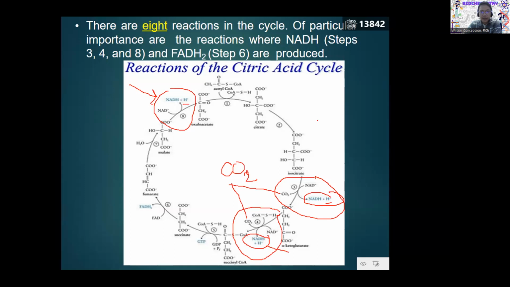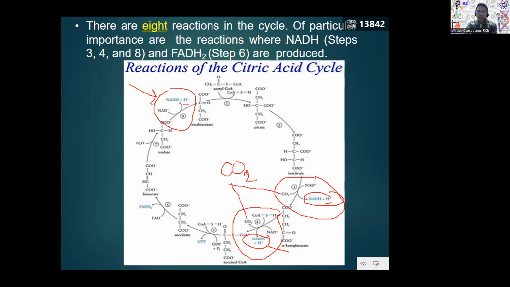So that's why in our citric acid cycle last week, there were H+. Because of the following reactions, NAD became NADH plus H plus. Last week we discussed H plus and electron. Those are the portions where they come out: steps 3, 4, and 8.